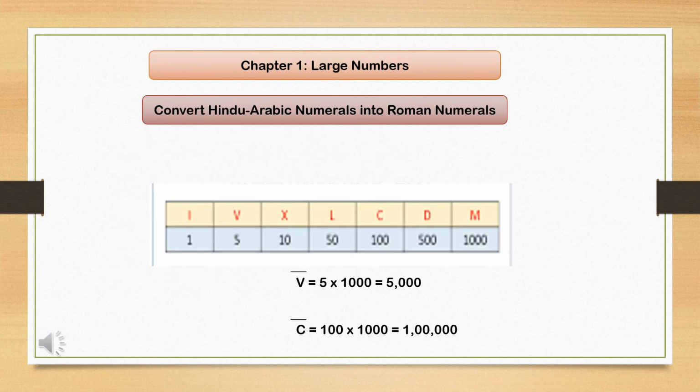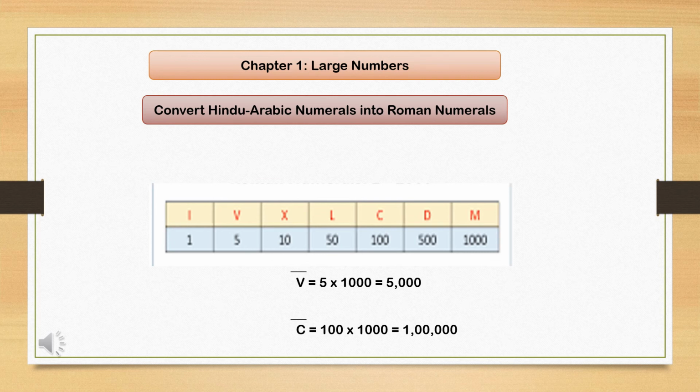So the value of V with the bar over it becomes 5000. Learned about Roman numerals. Now let's have a short activity upon it. Let's learn how to convert Hindu-Arabic numerals into Roman numerals. It sounds fun, right? That we will be converting numbers into symbols. Now, before that, you all should be well aware of the symbols for certain values.